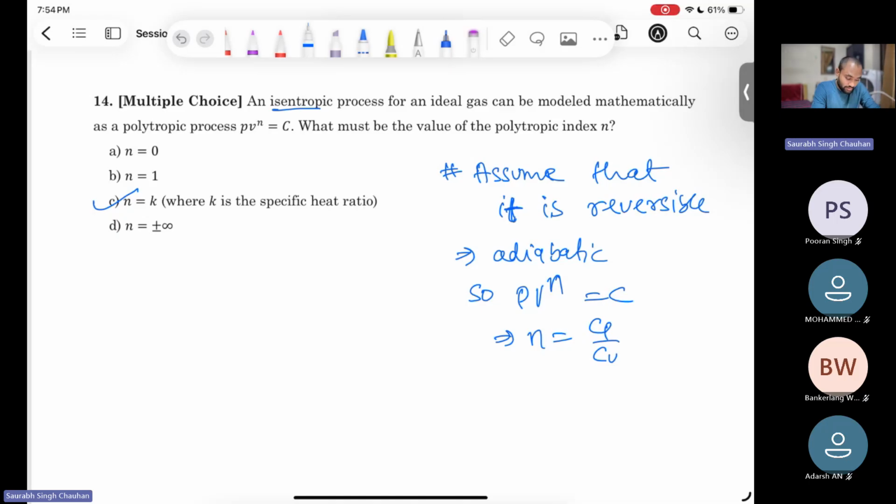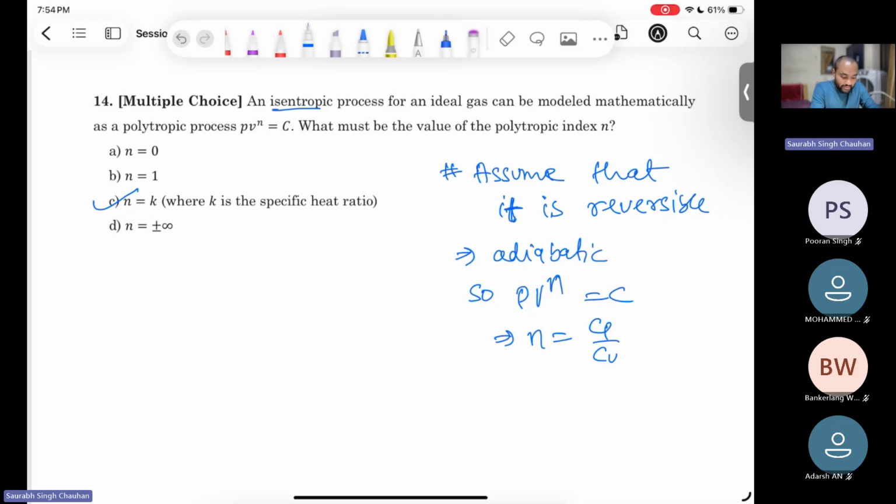So if this is not reversible, then we should know how much irreversibility is involved. If we know how much irreversibility is involved, what is the entropy generation? That is quantified by entropy generation.